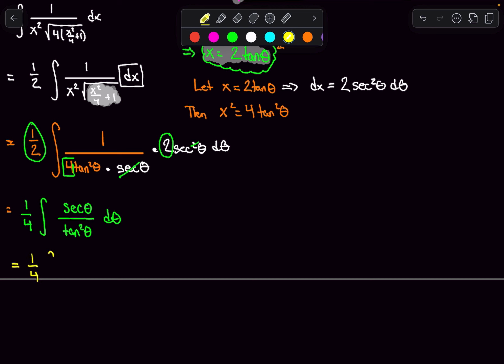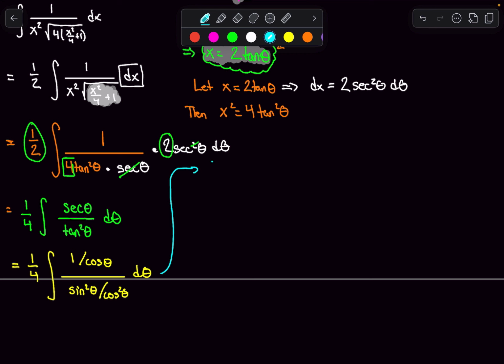I'm going to write this as 1 over cosine theta divided by, and then on the bottom, sine squared theta over cosine squared theta d theta. Hopefully we remember that to divide by a fraction is the same thing as multiplying by its reciprocal.